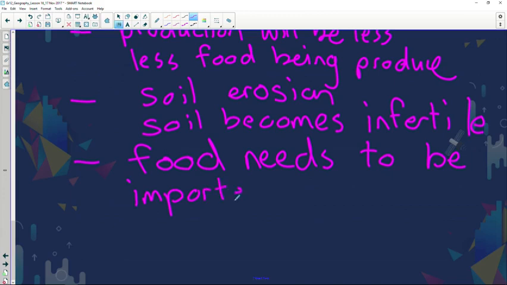So that means it costs our country more because we can't produce enough food.